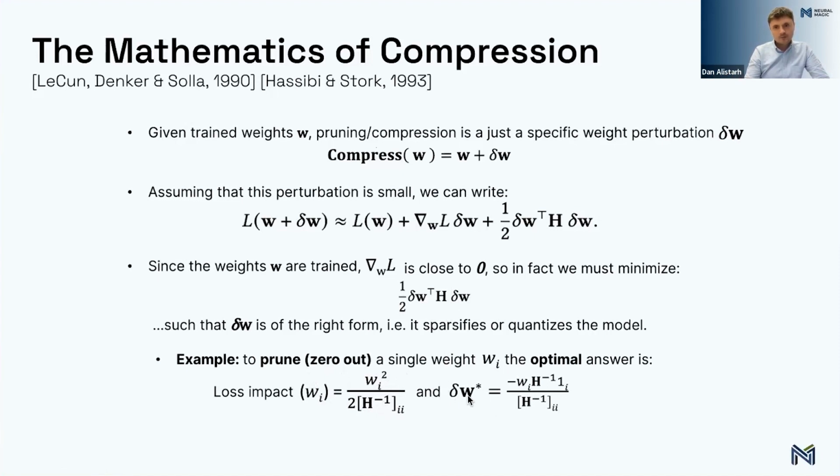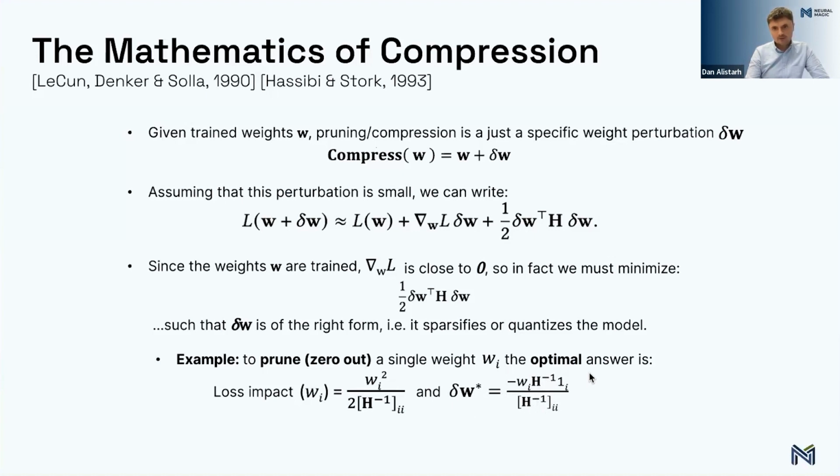And then the optimal perturbation, which fixes the other weights with respect to the removal of this one, has this formula here. It's not so important to understand the specifics of what these terms mean, but just to understand that we can rank the weights in a very specific way, and that this formula depends on being able to compute the second order derivative of the model at the current point.